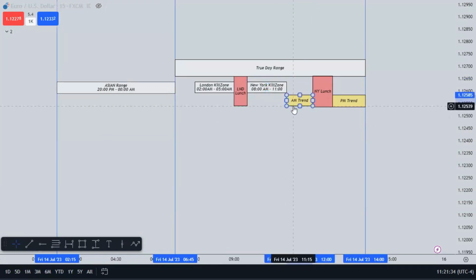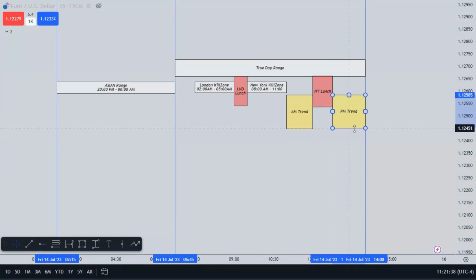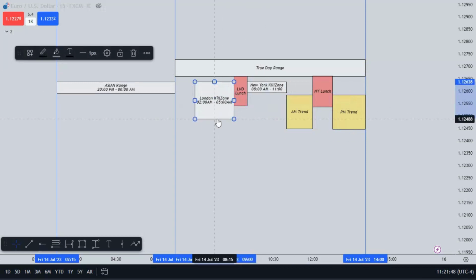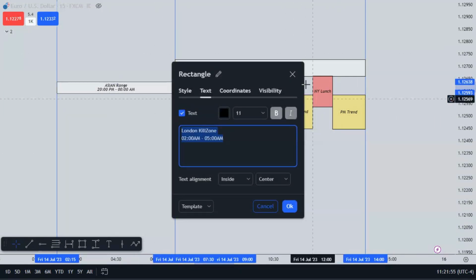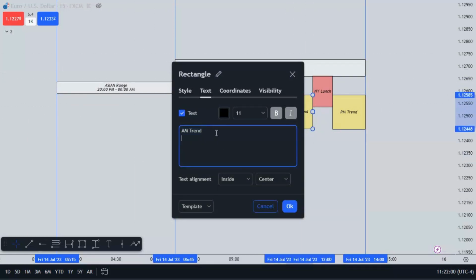Right? And then we have our kill zone trends. These ones are for futures. Anything after the New York kill zone is for futures. So London kill zone and New York kill zone, we utilize when trading Forex, right? And these ones we utilize when trading futures like S&P 500, NASDAQ, and US 30. Our AM trend is from 9:30 a.m. to noon.